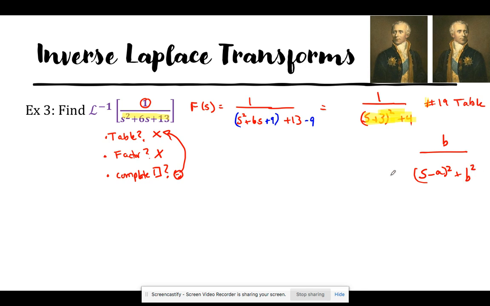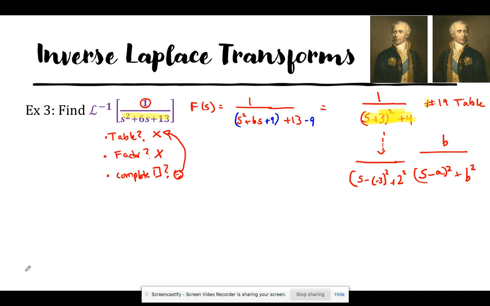So let's see, what can I do? Let's first look at s plus 3. Oh, snap, I'm so clever. So proud of myself. You see what I did there? Now, how about this 4? I want to match this form. What do I make that 4?